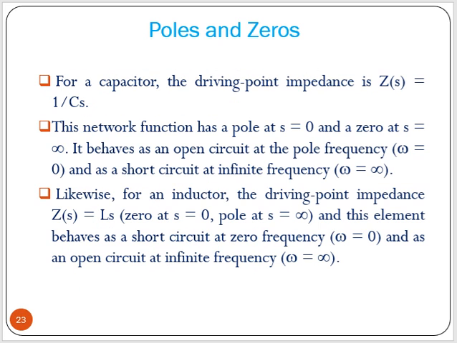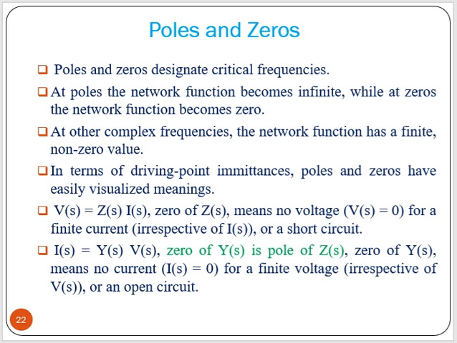With respect to circuit theory, the main physical interpretation is that zeros make the network function zero. That means short circuited, so we can get the current response. And poles make the network function infinite.